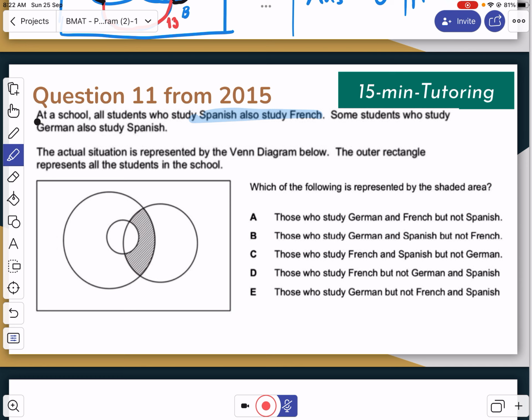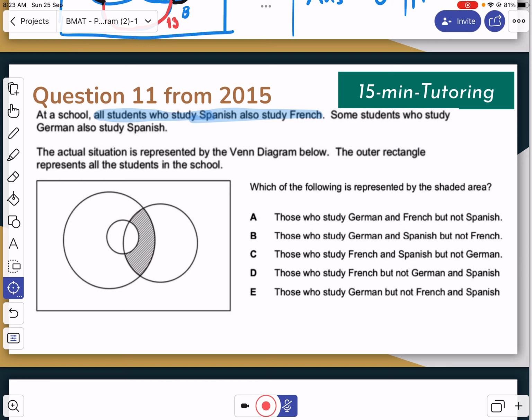Why? Well, because the one I highlight in blue, it is really strong. Like everyone in Spanish is in French. Versus the second one, some student who study German also study Spanish. That sentence also suggests that there should be some who study German but not Spanish as well. So that's why I conclude that the second information is not so useful.